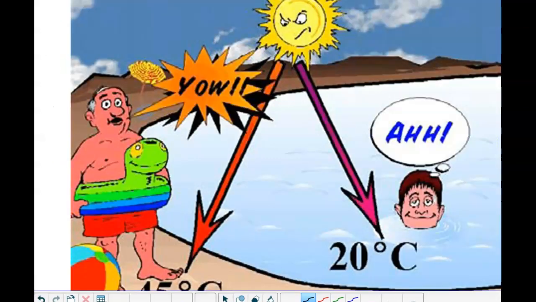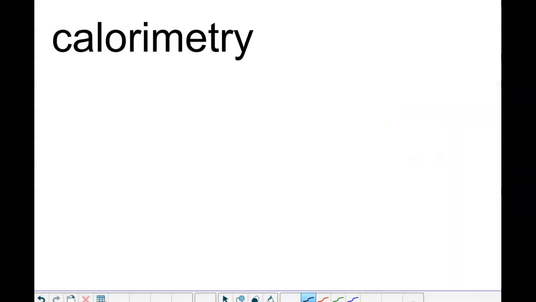So when we go back to this picture, both the sand and the water absorb the same amount of heat, but the temperature change is different for the water than it is for the sand. So we're going to talk about this process called calorimetry.